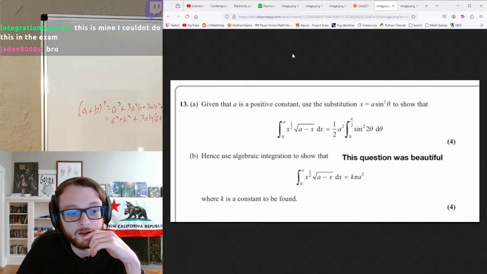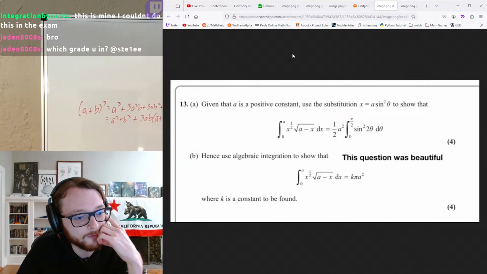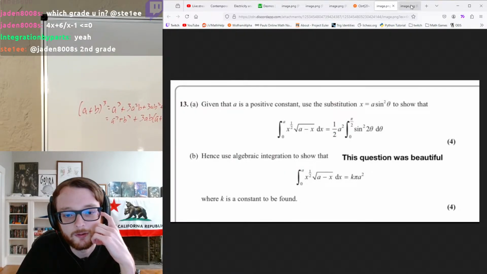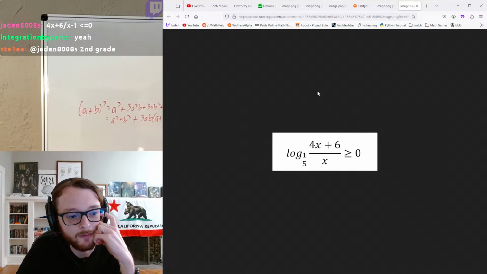Oh, this integral one? What was yours? Integration by parts. I'm gonna look at this integral one first. Well, which one is quicker? Yeah, let's do the log first.